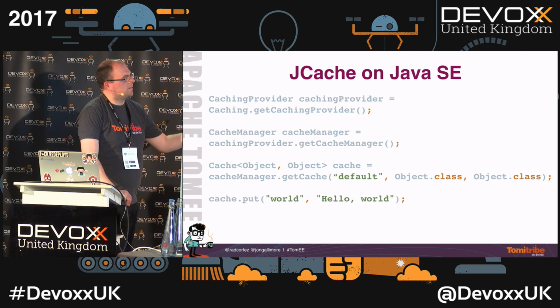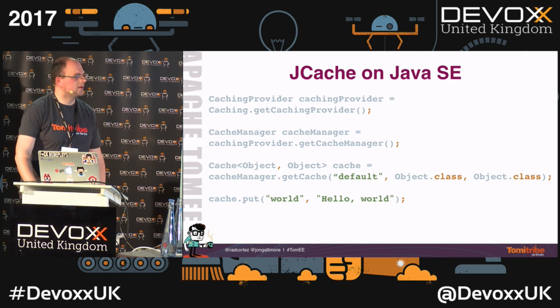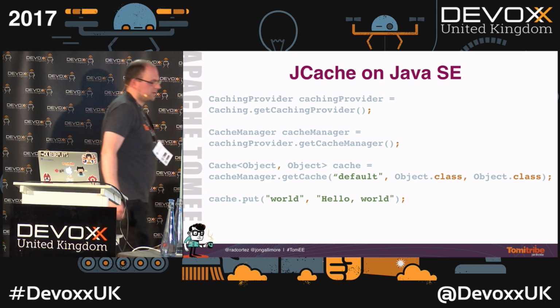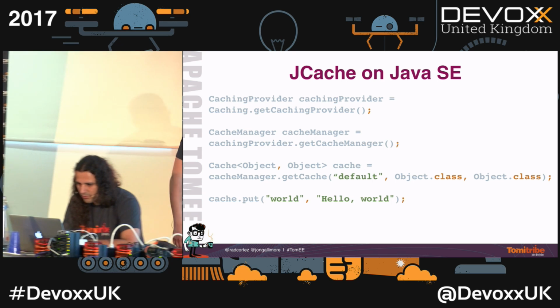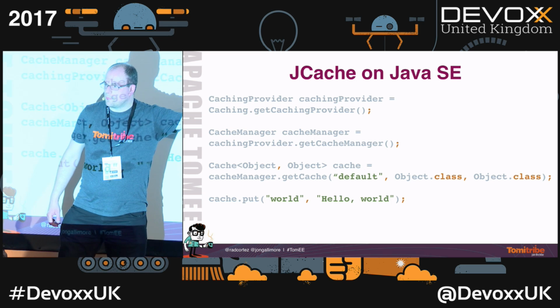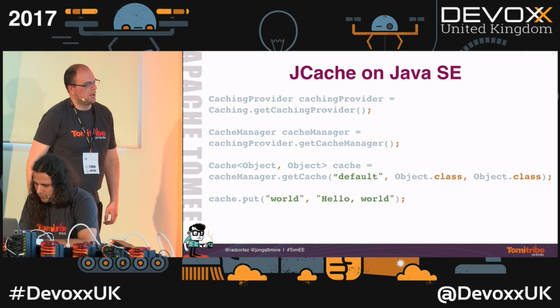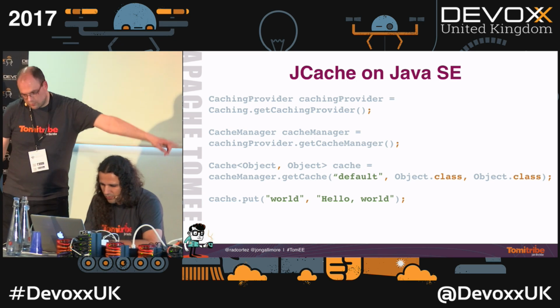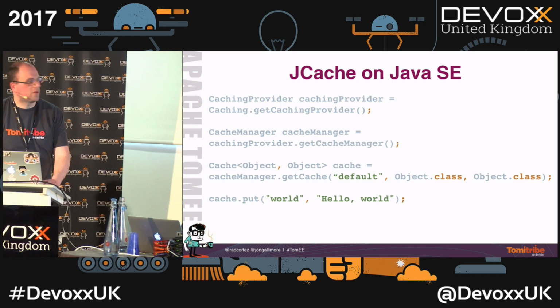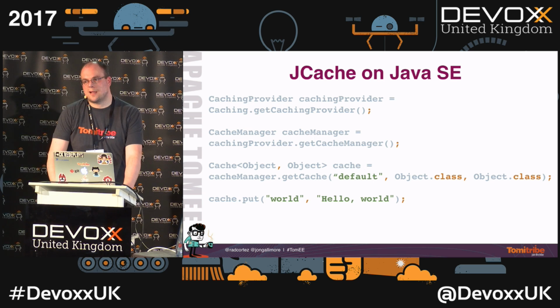The next block of code then gets the cache manager from the provider, and then we're using a cache called default, which just takes an object as a key and also has an object as the value part of the key-value pair. And then finally, adding a value to the cache at the bottom there. So we're using world as a key and hello world as the value that's actually being put into the cache there.